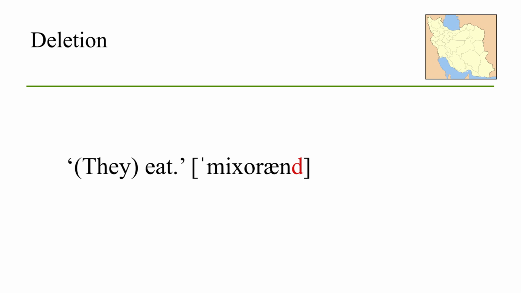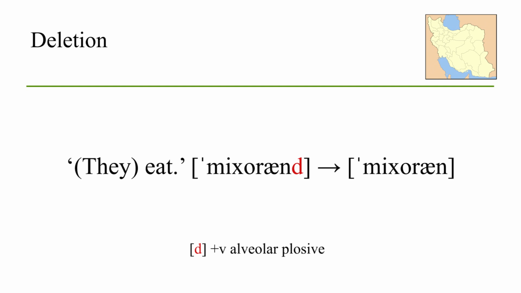But what happens is the sound that I have highlighted is usually elided, it's deleted, and the speakers just say mikhorand. And the reason I put they in parentheses is because the word they here doesn't exist, so it's part of the verb. There is a word for they, but you don't have to say it because this part is conjugated for third person plural, but then the de part is usually elided most of the time.